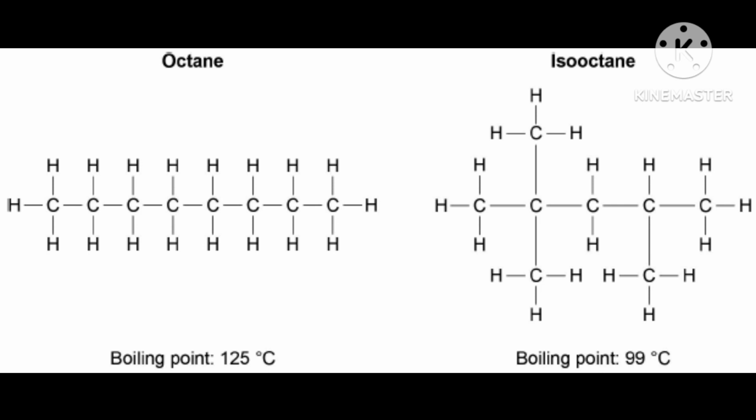The different gasoline samples are rated by their octane numbers. The higher the octane number of a gasoline, the lower its tendency for knocking, and the better its combustion characteristics.